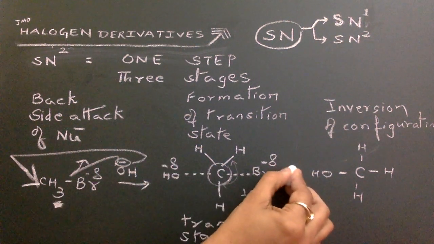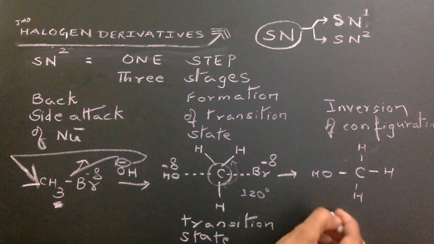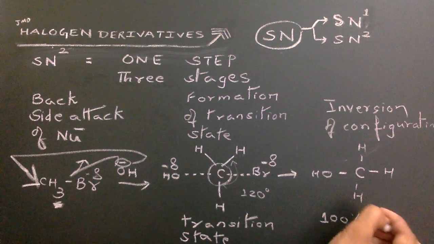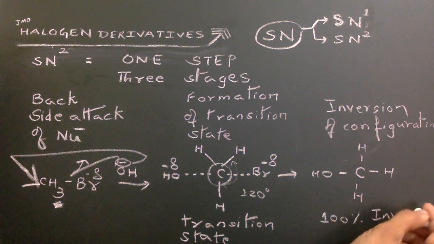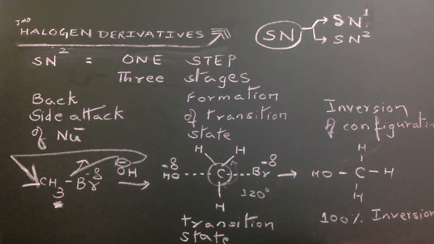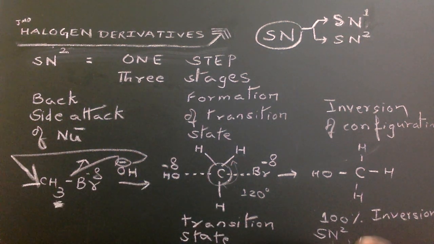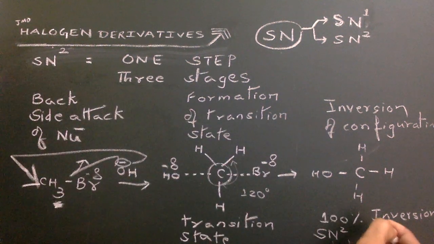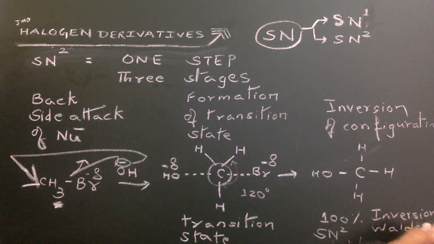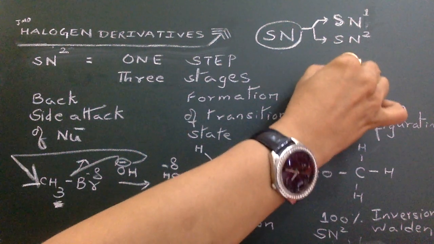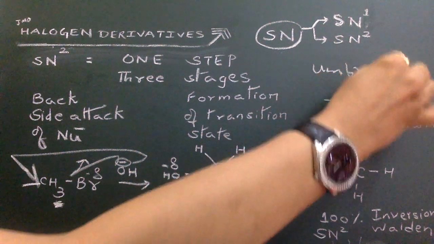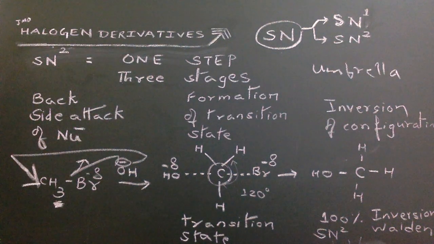This is called 100% inversion in configuration, also called SN2 inversion, also called Walden inversion, and children, this is also called umbrella inversion.